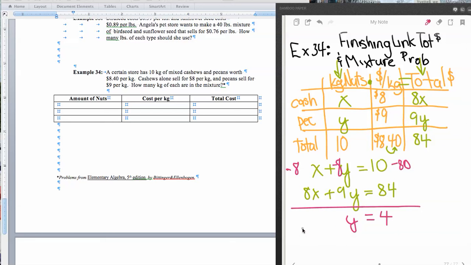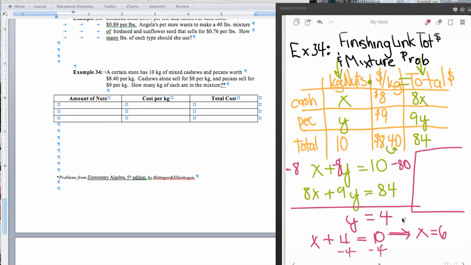We can substitute that back into an original equation and solve for x. So x plus 4 is equal to 10. And so from there, of course, we add the opposite here and here, and we're going to get that x is equal to 6. So we can finally answer the problem based upon those two things.